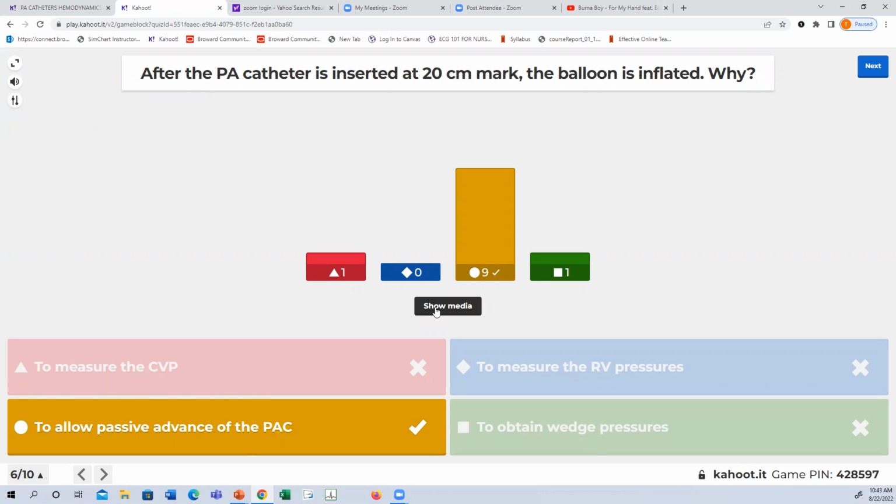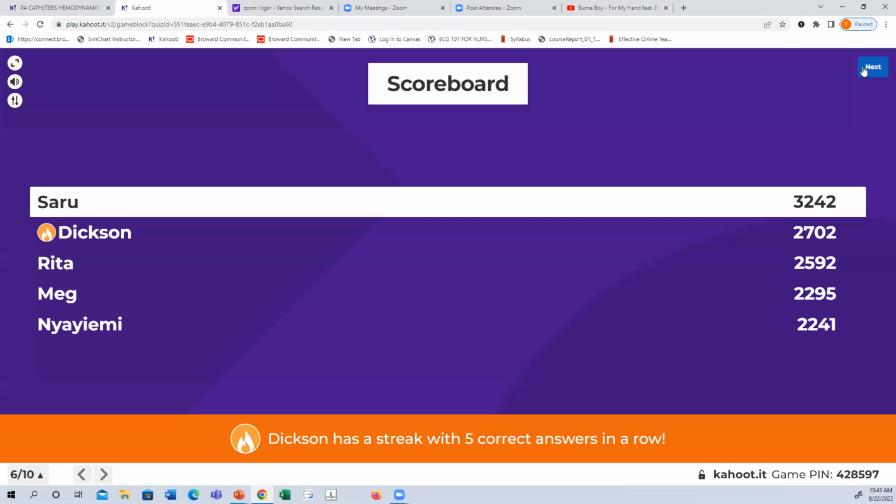And therefore, this is the same reason why we inflate the balloon at the 20 centimeter mark in order to allow for the passive advance of the pulmonary artery catheter. So let's see. Saru again, Dixon has a streak of 5 correct answers. Congratulations, Dixon. Rita, Nyayemi, and Eileen.